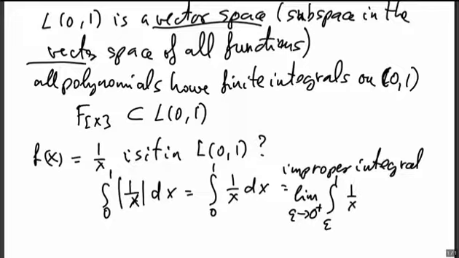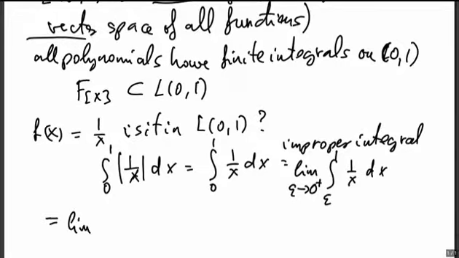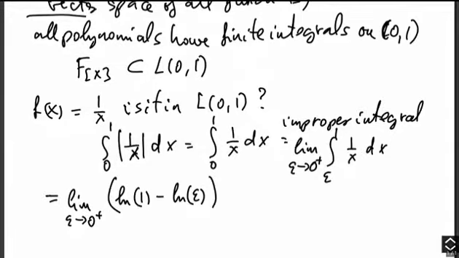And then 1 over x is defined from epsilon to 1. That means that this is the limit as epsilon approaches 0 from the right. The integral of 1 over x is natural log. So we get natural log at the upper limit 1 minus the natural log at epsilon. Logarithm of 1 is 0.